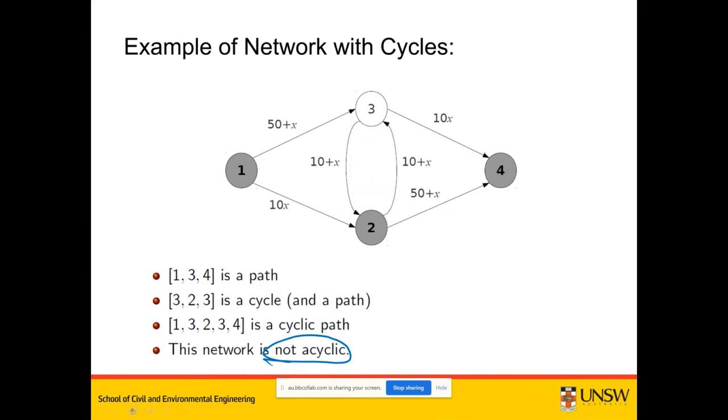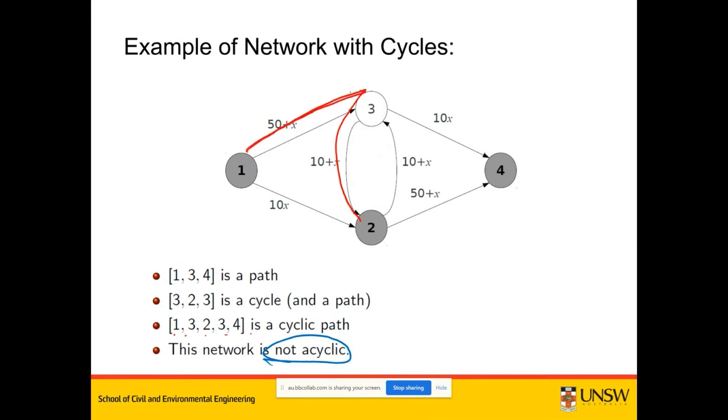Let me choose a different color, maybe red. So there is one cycle here, 3, 2, 3. So that's one cycle. There's also another cyclic path, 1, 3, 2, 3, 4. So going from 1 to 3, and then to 2. Oh yeah, that's a nice cyclic path.